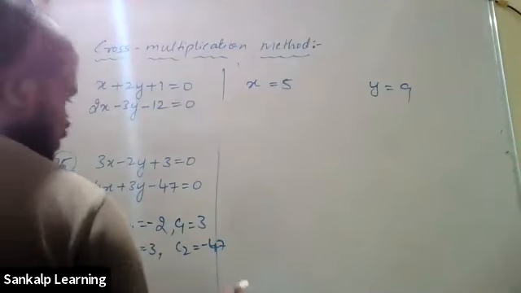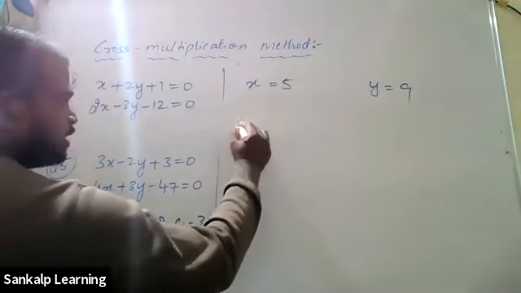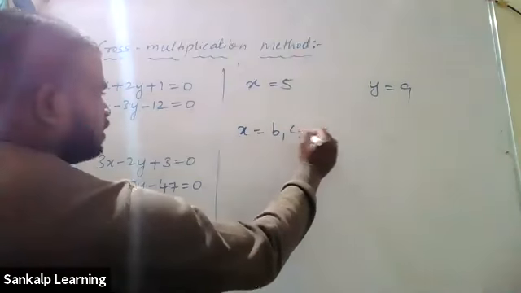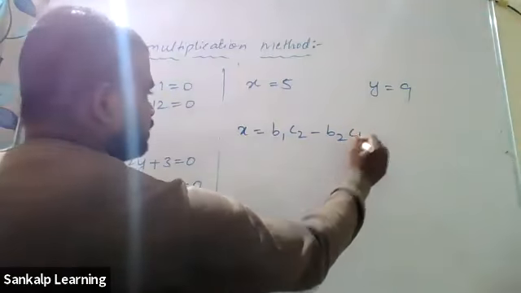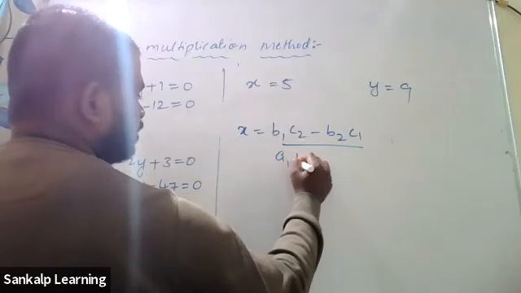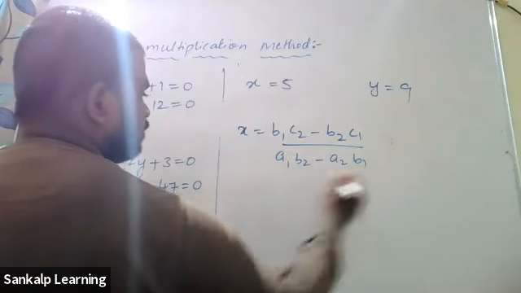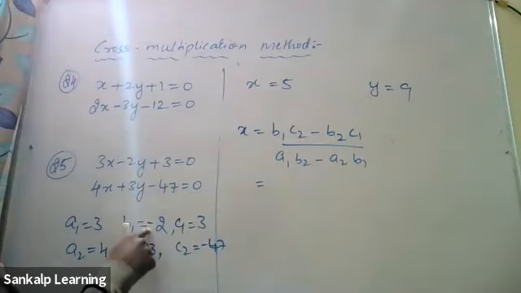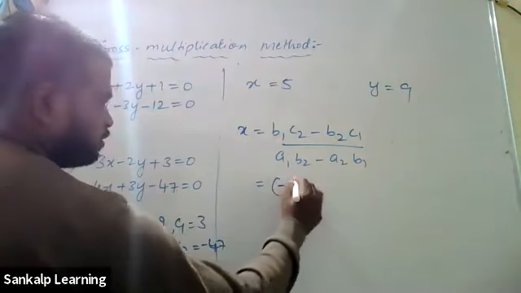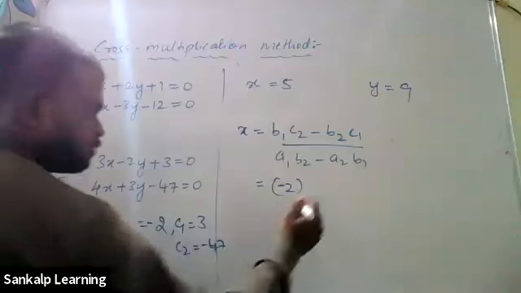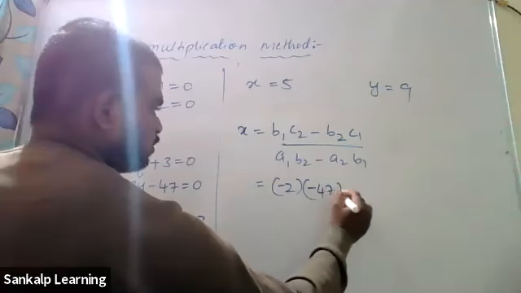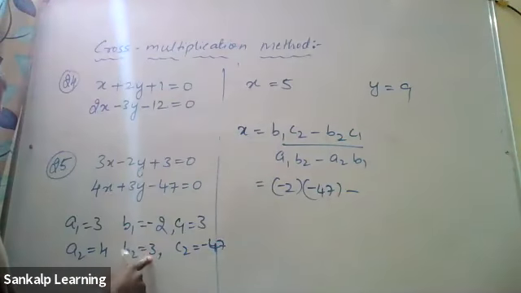Check it out. A1, B1, C1, A2, B2, C2 have been written. Write the formula for x. B1 C2 minus B2 C1 divided by A1 B2 minus A2 B1. Substitute B1, it is -2. Write it. C2 is -47, minus B2 is 3.